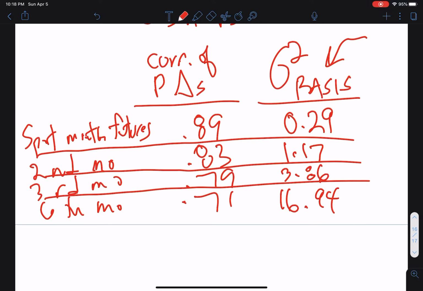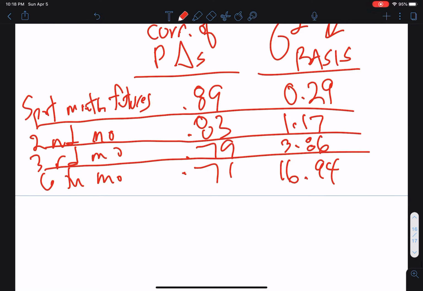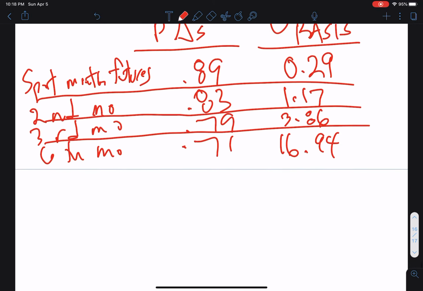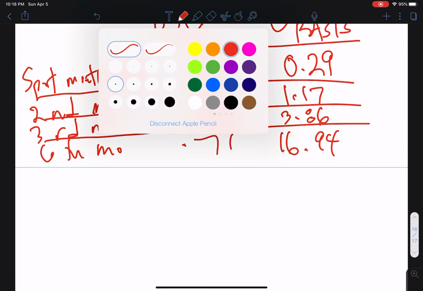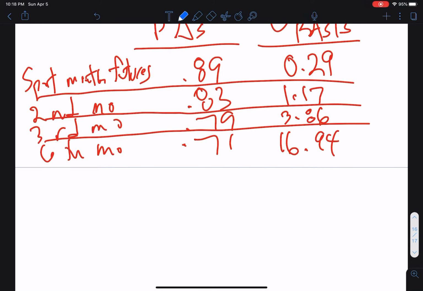Well, what do we know about this basis thing? Well, one thing we know is that if we're using a same asset or a same commodity futures contract, we know that on the delivery date, which is not a specific date, but it's sometime beyond the last trading day, which is the end of a month and the beginning of the month that has the futures name on it.